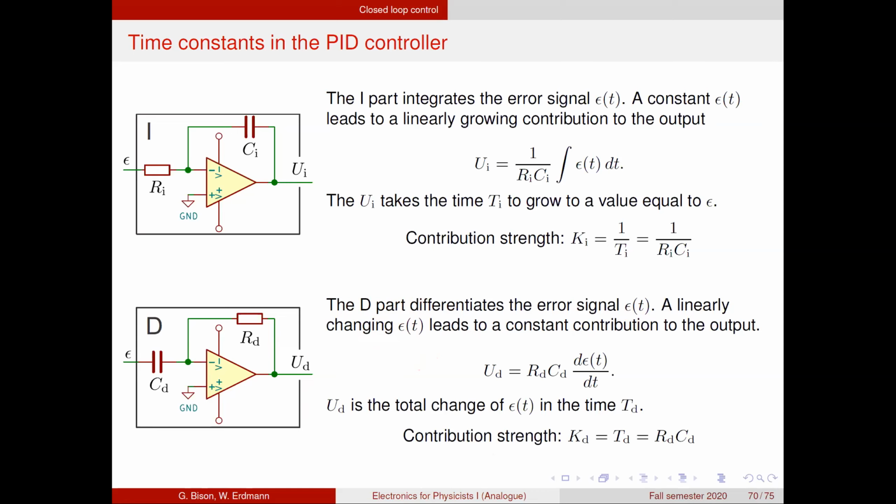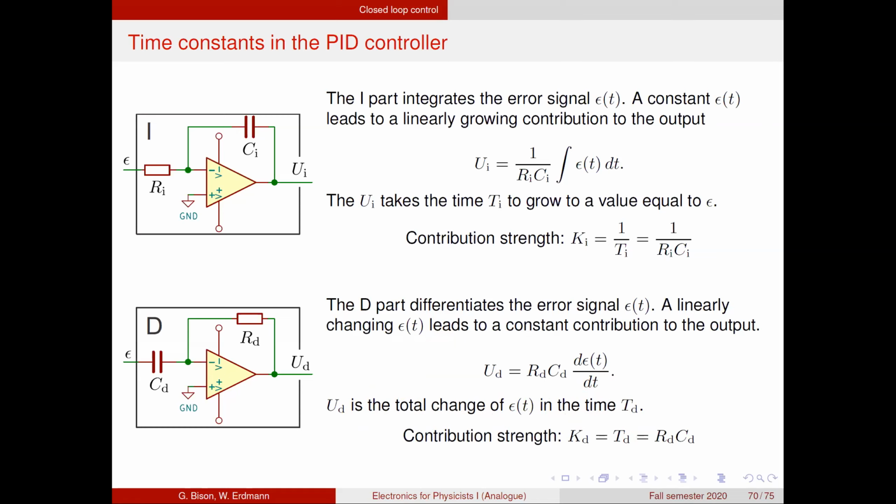And this we can characterize by the time that corresponds on this slope to the voltage that we get. And so the larger this time is, the larger the contribution of the differential part. And so the characteristic time gives us the voltage simply by saying, okay, the total change of this linear slope in the time that we set, this gives us the voltage that we get.